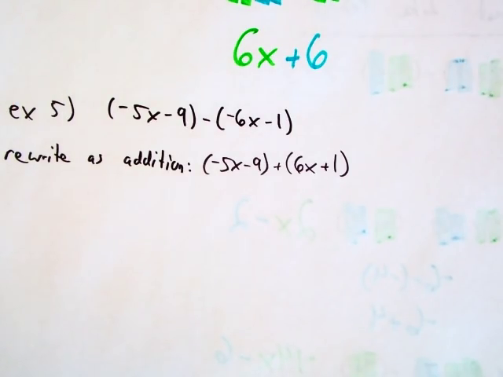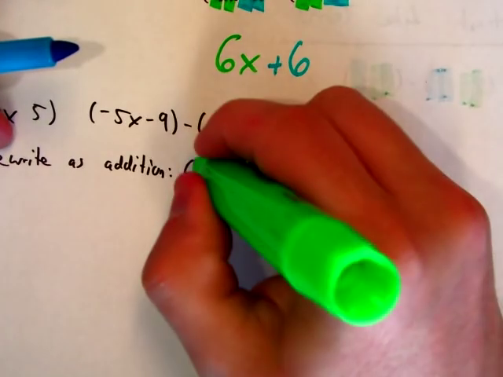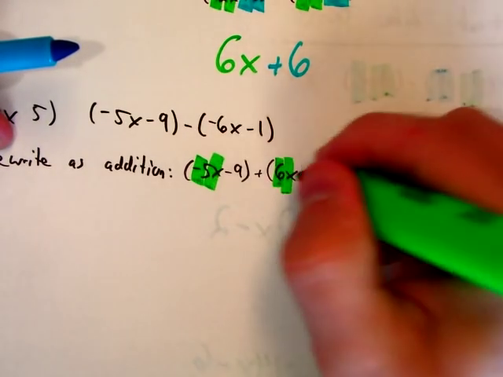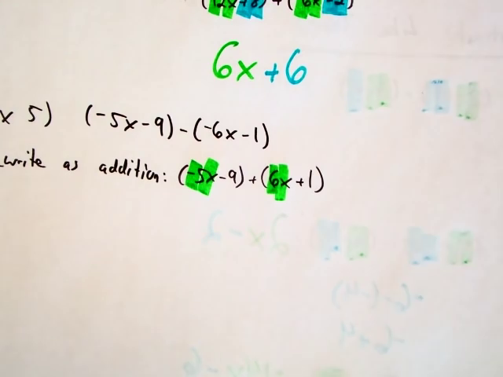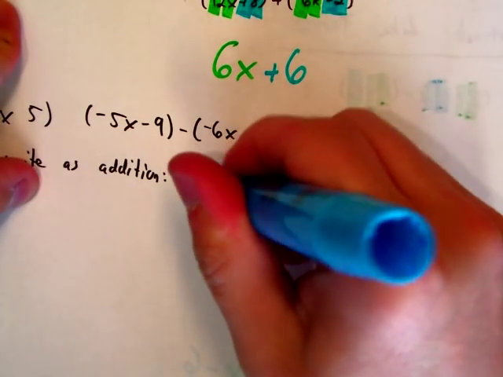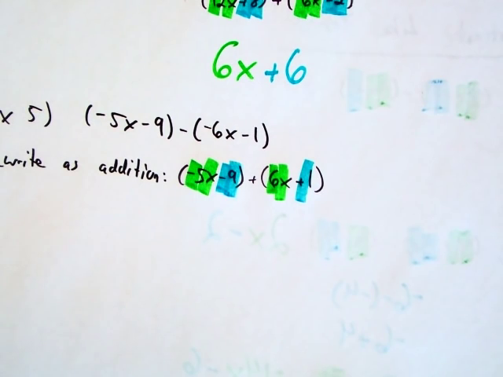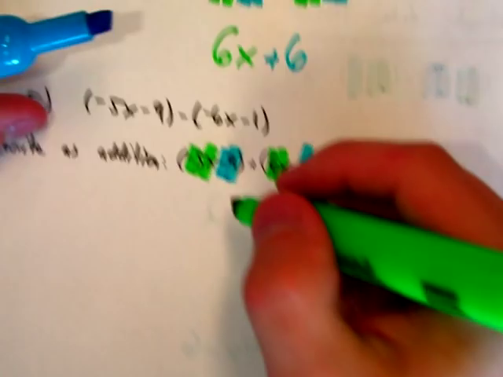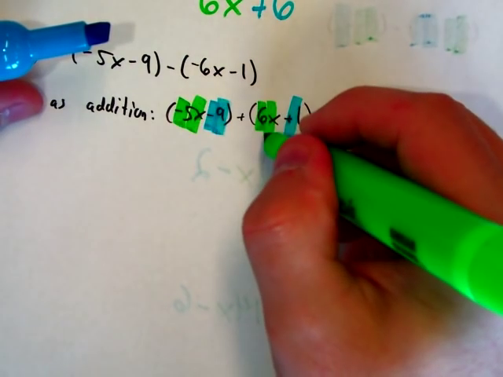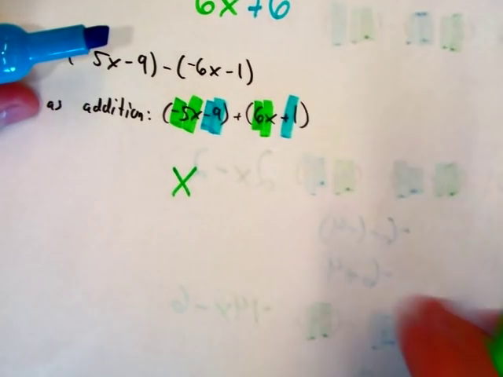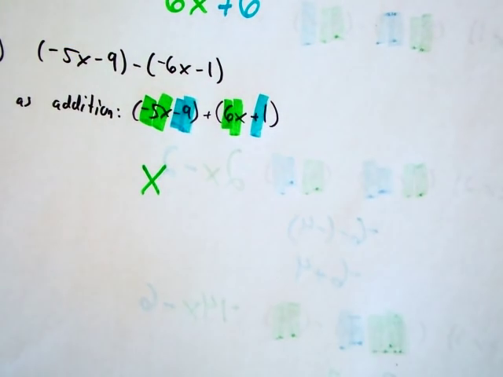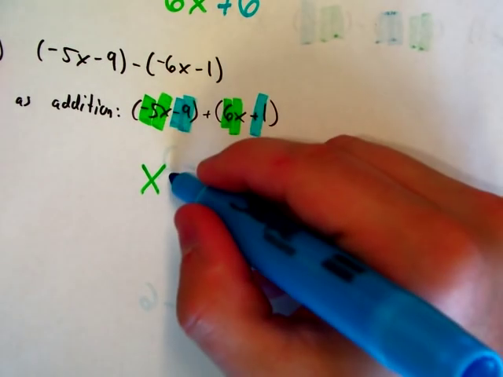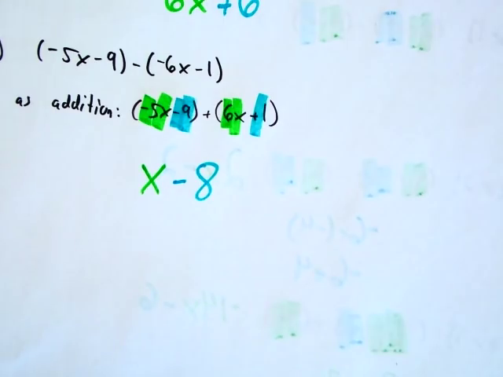I can now highlight my like terms, negative 5x and 6x, negative 9 and plus 1. So negative 5x plus 6x is x all by itself. And negative 9 plus 1 is a minus 8.